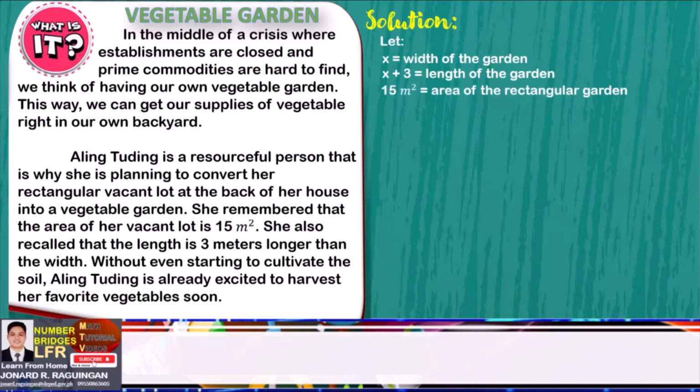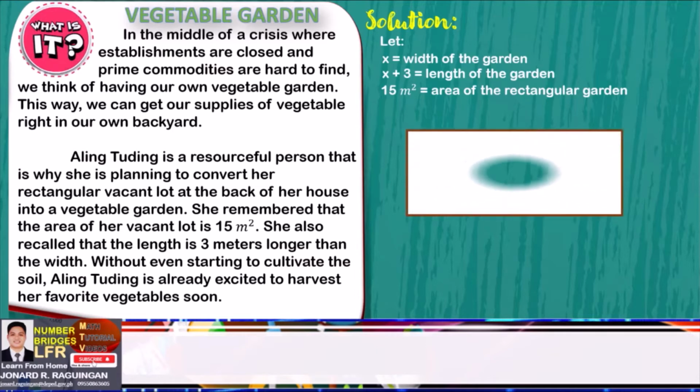And the area of the garden is 15 square meters. Let us illustrate the problem. So we have a rectangular garden whose area is 15 square meters, and the width we represent as x, and the length of the rectangular garden is x plus 3.